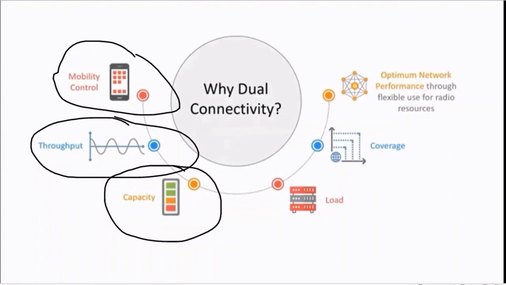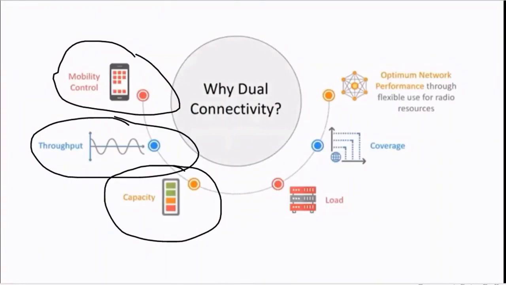So that is where your mobility control comes in this one scenario. With the help of dual connectivity, our handover failures will come down. That is very, very important for mobile networks, right? That is where mobility control comes in, which is very, very important for telecom, and I mean as an operator, right? So this is a very interesting philosophy.